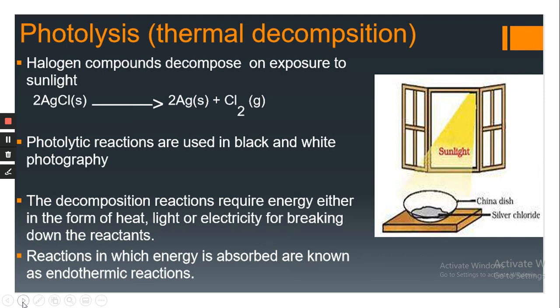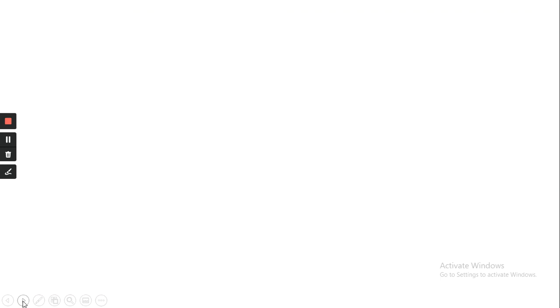So what are endothermic reactions? Endothermic reactions are those in which energy is absorbed. In this reaction, AgCl will absorb the energy as well as the heat, and after absorbing heat, this AgCl will decompose into its constituents.